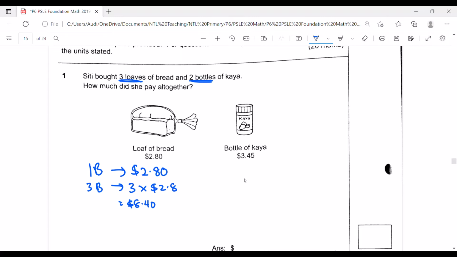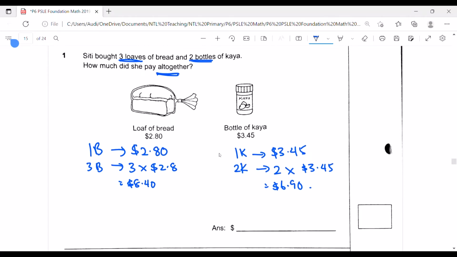Now she also bought 2 bottles of kaya. So we write 1 kaya is 345. So 2 kayas will be 2 times 345. Again, use your calculator. 2 times 3.45 and you get 6.9. Go back to the question again. Read it again. How much did she pay all together? All together means we're going to add.